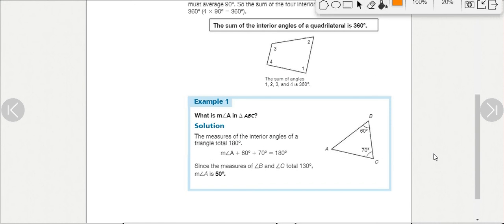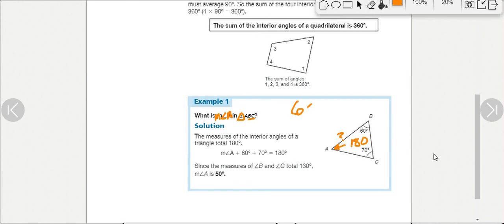Notice when they talk about the measure of an angle, they go M of angle A. And then they label triangle ABC. The measures add up to 180, so how could I find the missing angle? It's a missing number problem.